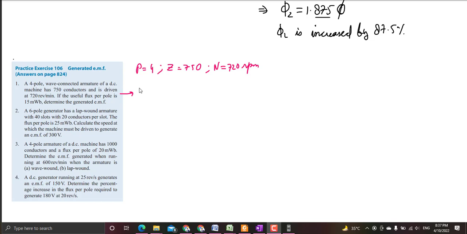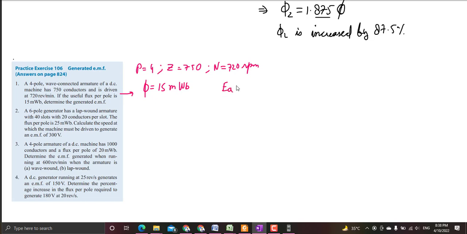And the useful flux per pole is given as 15 milliweber. So we have to find the generated EMF.